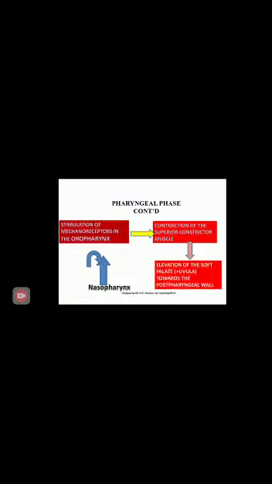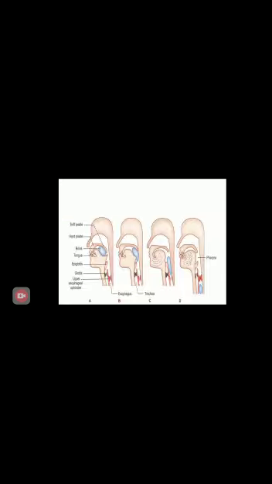The peristalsis relaxes the upper esophageal sphincter, thereby making the bolus enter into the esophagus. Okay, let me use this also to explain what I've just said.